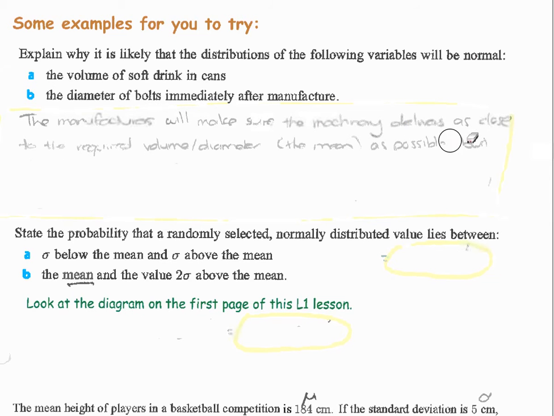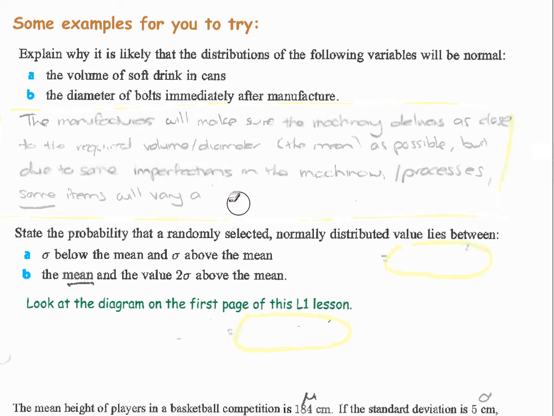However, equipment is not always perfect. Due to some imperfections in the machinery, or the processes in the factory, some items will vary a little from the mean. So you might get a few bolts that are a little bit smaller in diameter, a few bolts that are a tiny bit larger in diameter than the mean.